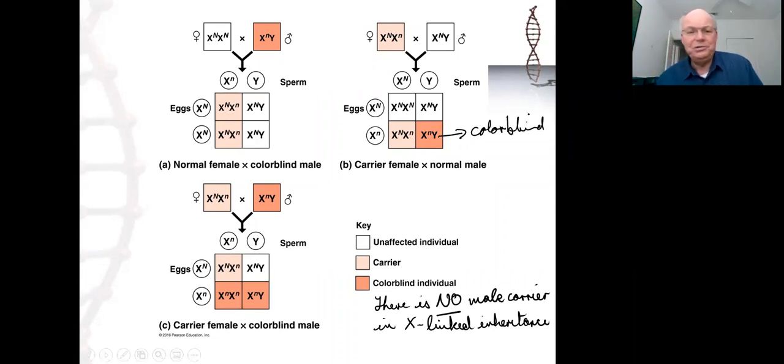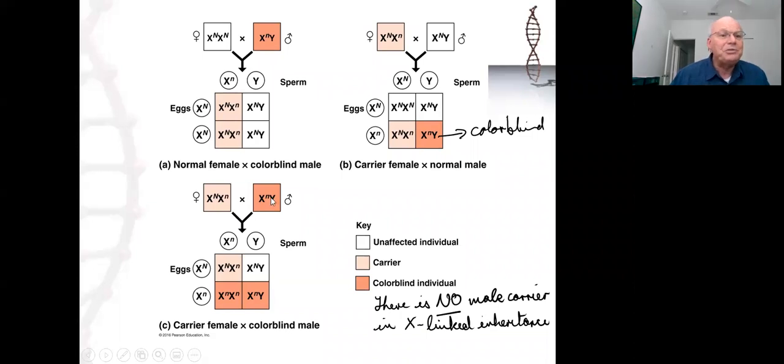So under what conditions can a woman or a female have colorblindness? And this is the situation for my colorblind student. Her mother had a colorblind father, so her maternal grandfather was colorblind. And because he was colorblind, this would be his situation. Here's her grandfather. This is where her mother came from. So here is her mother, a carrier of colorblindness.